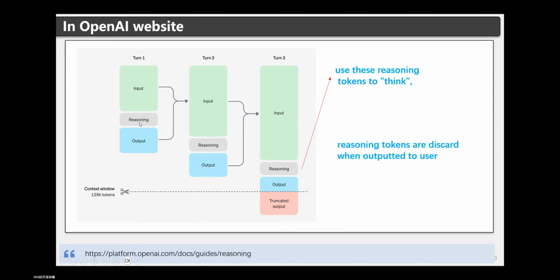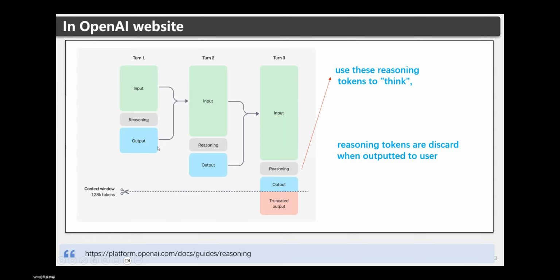The reasoning process is represented by some reasoning tokens. The model needs to predict those reasoning tokens, and by doing this, the model can think deeper about the user's prompt.